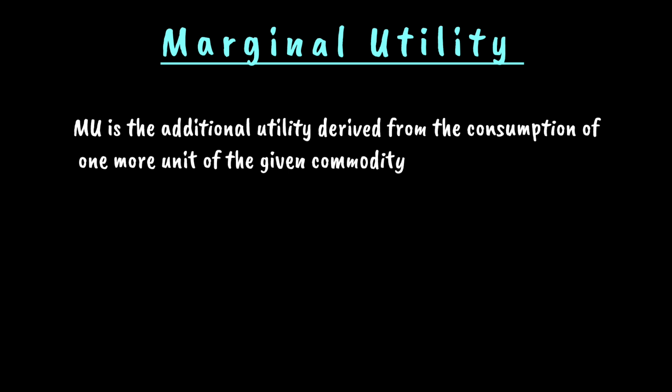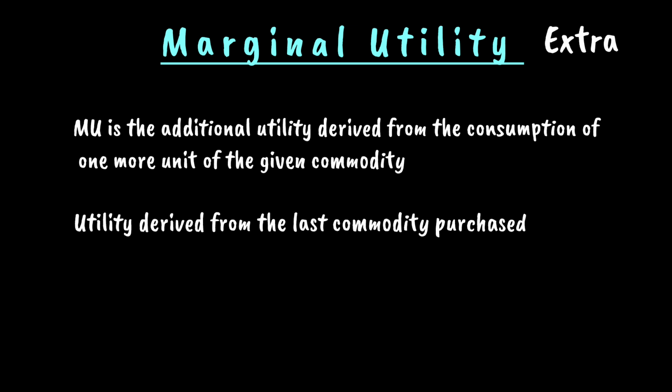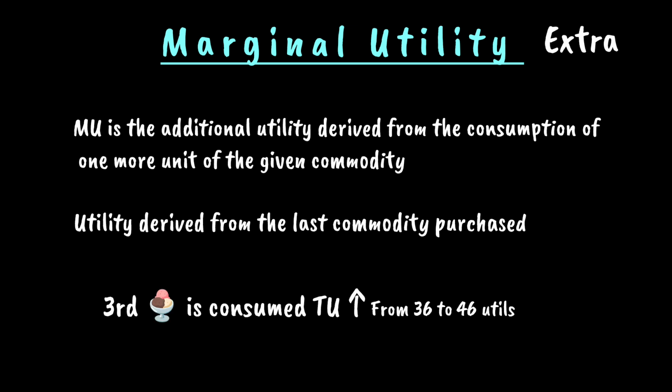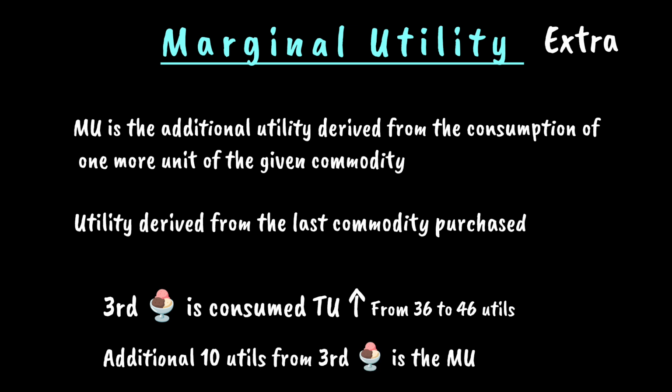Now we will see what marginal utility is. Marginal is something that is extra. So marginal utility is the additional utility derived from the consumption of one more unit of the given commodity. It is the utility derived from the last unit of a commodity purchased. As per the example, when the third ice cream is consumed, total utility increases from 36 utils to 46. So the additional 10 utils from the third ice cream is the marginal utility. In other words, marginal utility is the addition made to total utility by consuming one more unit of a commodity.